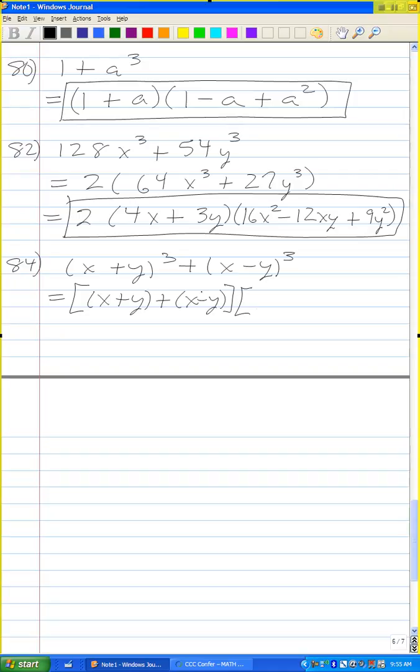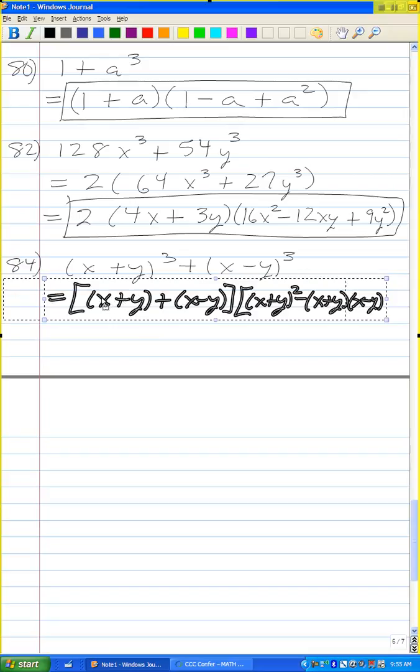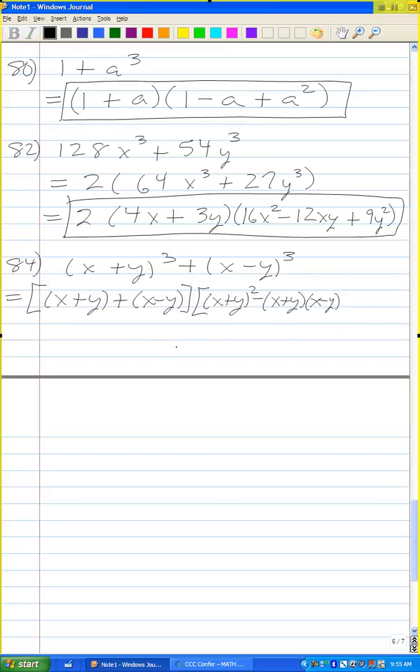Times, well, the first term, x plus y squared, minus the product of these two terms, plus x minus y squared.